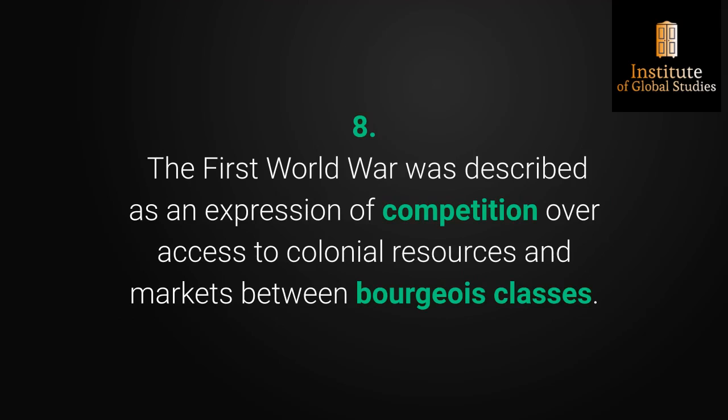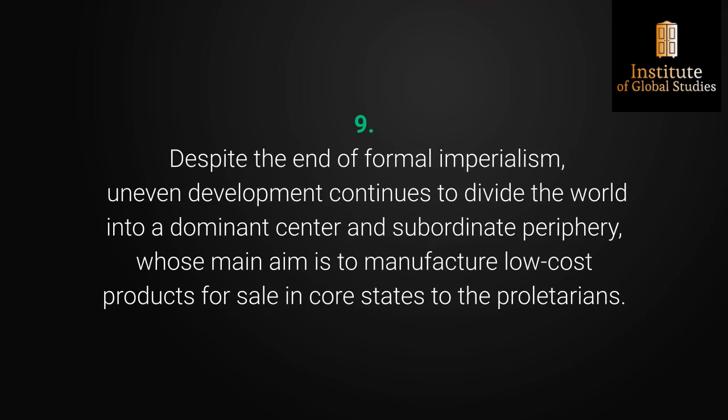The First World War was described as an expression of competition over access to colonial resources and markets between bourgeois classes. 9. Despite the end of formal imperialism, uneven development continues to divide the world into a dominant center and subordinate periphery, whose main aim is to manufacture low-cost products for sale in core states to the proletarians.